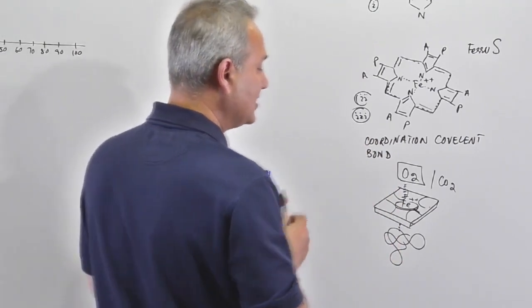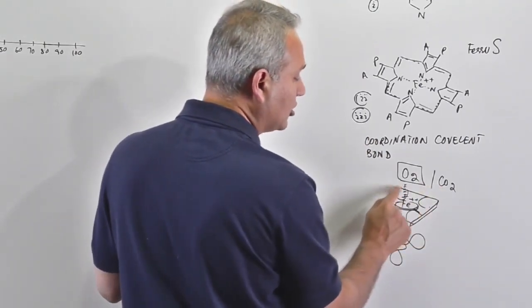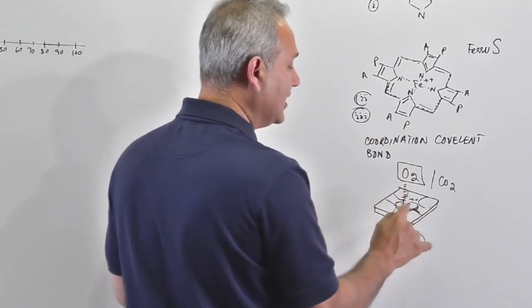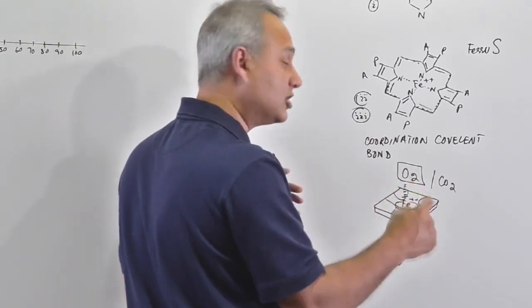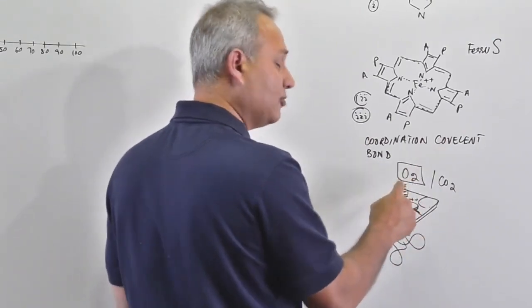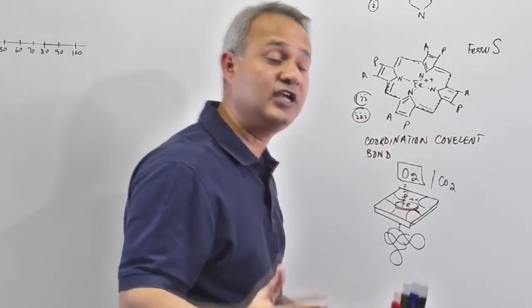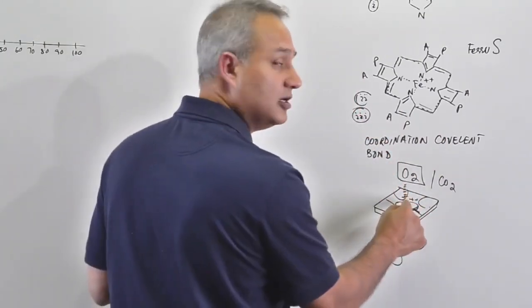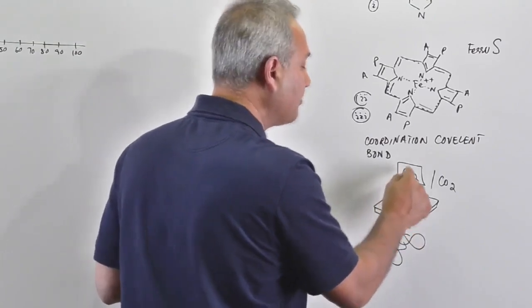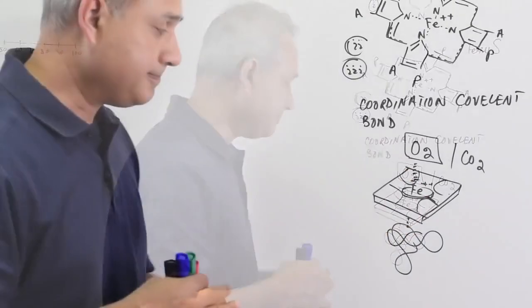The only thing is that normally carbon dioxide does not occupy the same bond that is occupied by oxygen. However, carbon monoxide would occupy the same bond, and carbon monoxide has 200 to 250 times higher affinity to combine with the ferrous compared to oxygen. What does that mean?